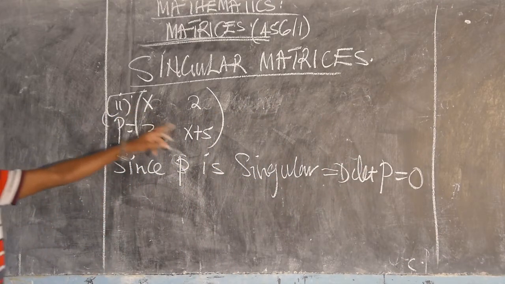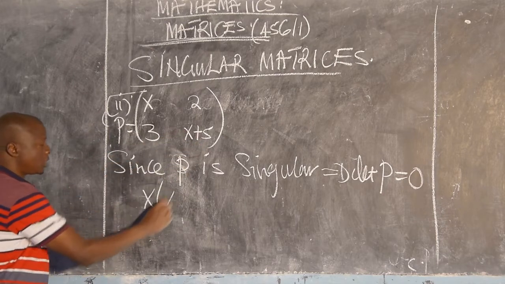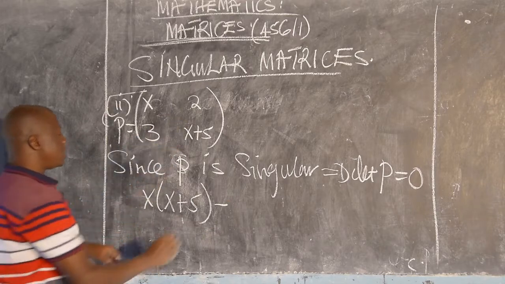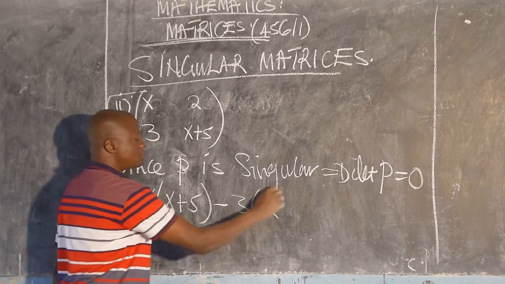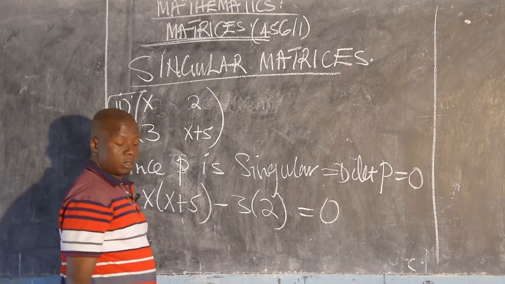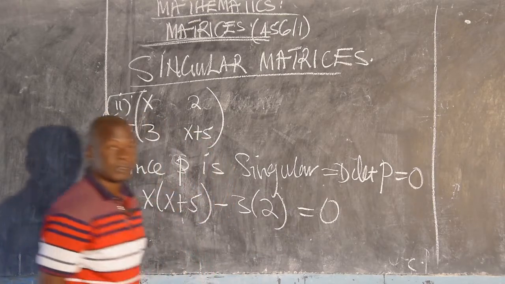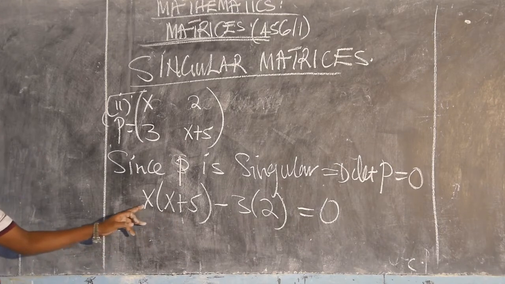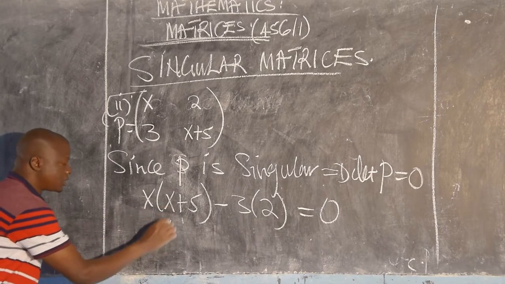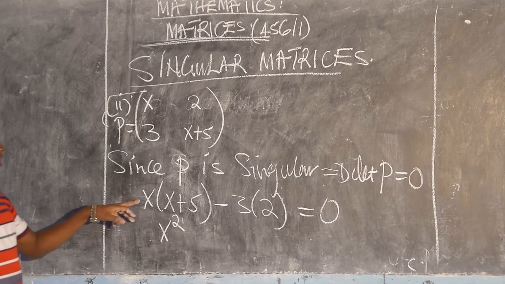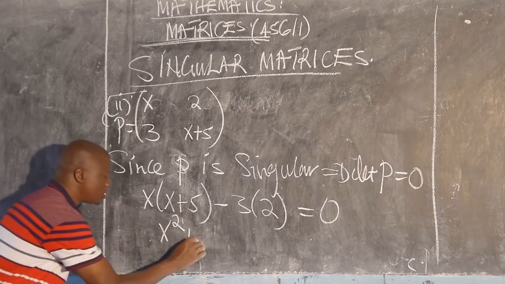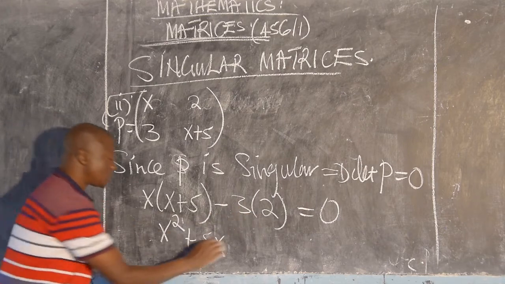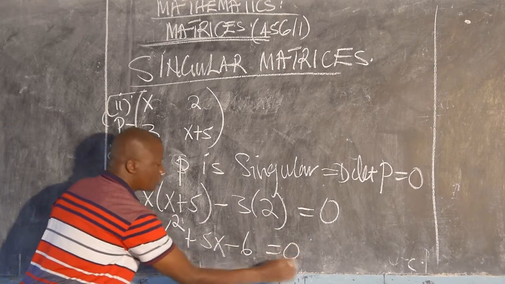Determinant is product major, that is x into x plus 5, minus product minor, that is 3 into 2, it gives a 0. Let us open brackets. We shall say x times x, that is x squared. Then x times 5, it gives a positive 5x. Negative 3 times 2, it gives negative 6 equal to 0.